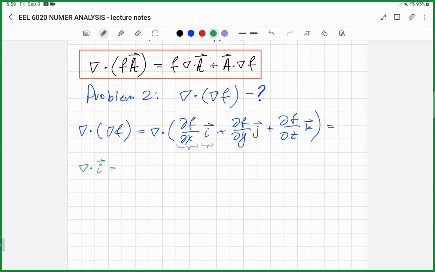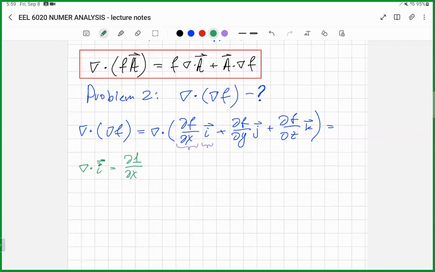The divergence is d over dx of the x component of the field. Our i unit vector is a vector that is along the axis x, so it has only one component with absolute value one, and zero for y and z.